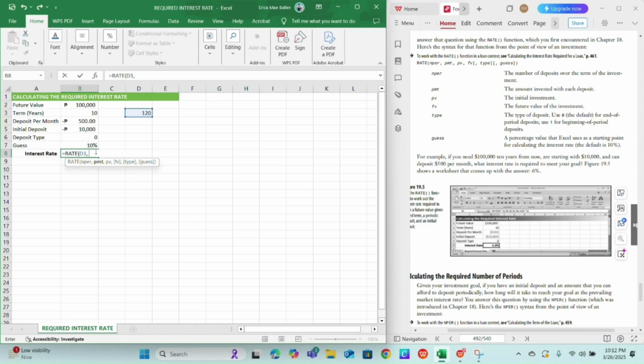And then PMT, or the amount invested in each deposit, or the $500 or 500 pesos na monthly payment. Next is PV, or the initial investment or initial deposit na 10,000 pesos or $10,000.